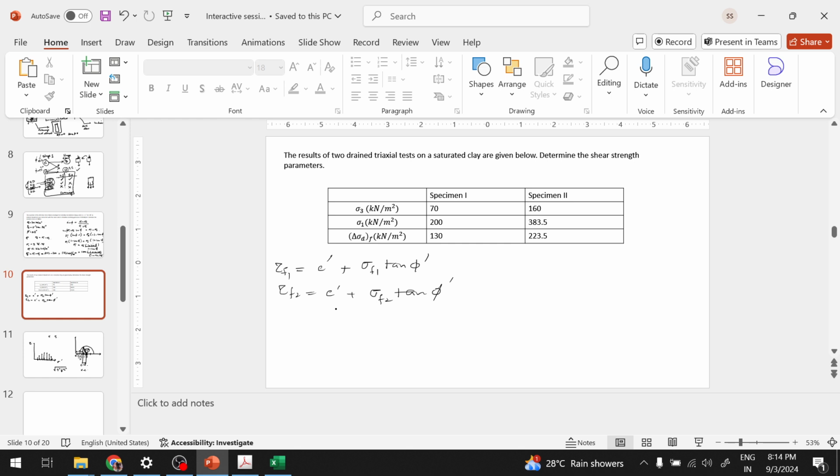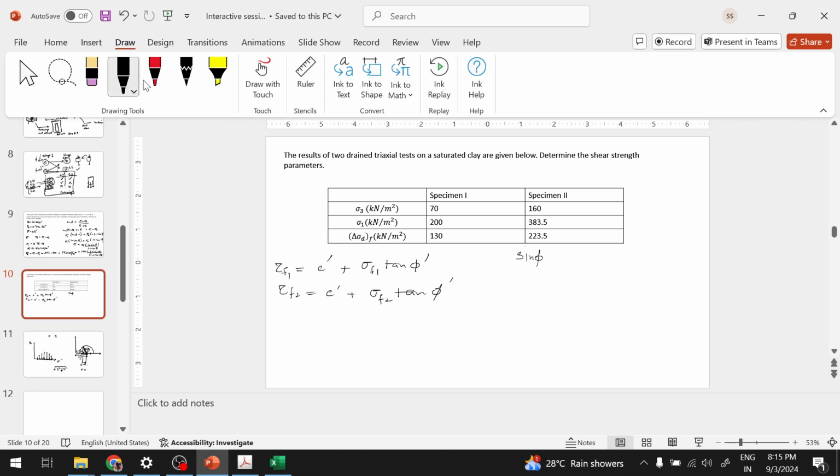do we know this is sigma 3 at failure. We know sin phi, let me check what is it that we can do.